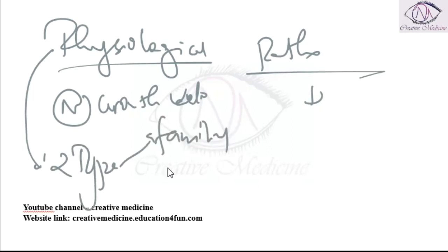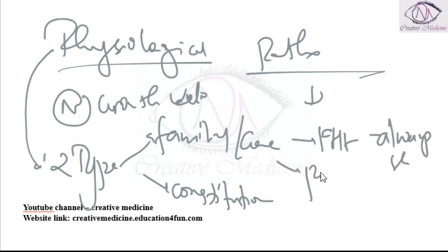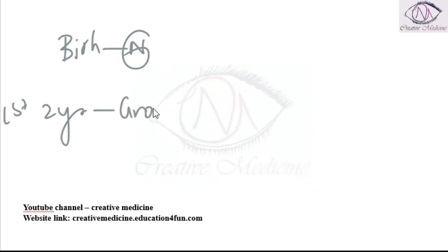Second, constitutional delay. In familial short stature or genetic short stature, the final height is always short and the parents are also short. Initially at birth, the child is normal, but in the first 2 years of age the growth of the child is less than normal.